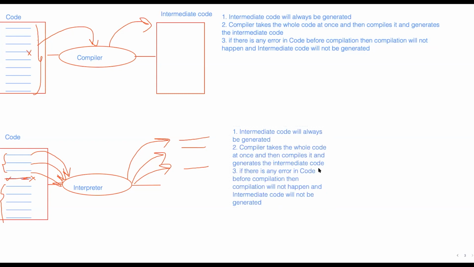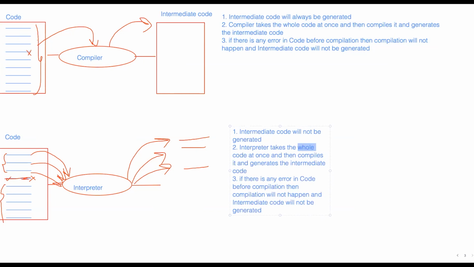Okay, so what we have: intermediate code will not be generated. The interpreter takes one line of code at once, interprets it, and gives the output.